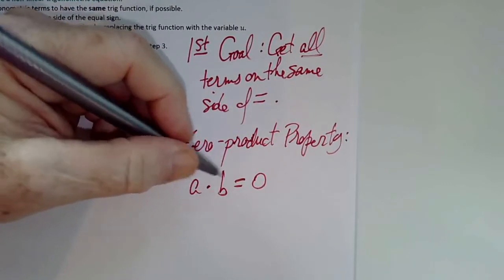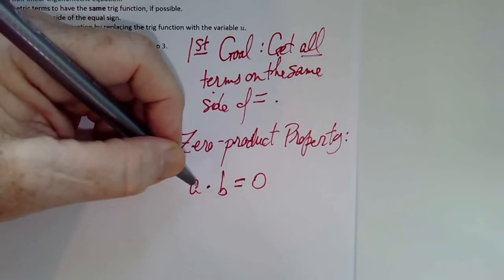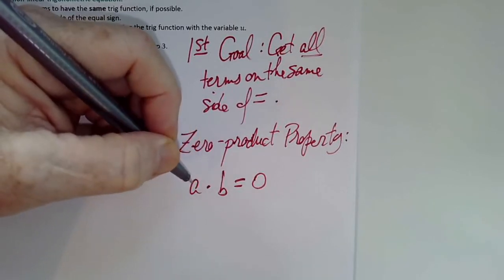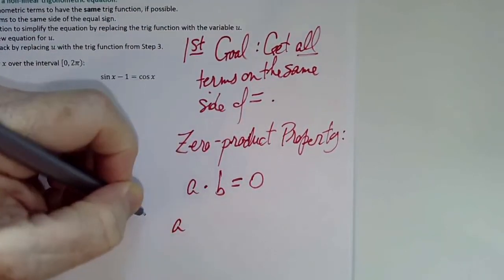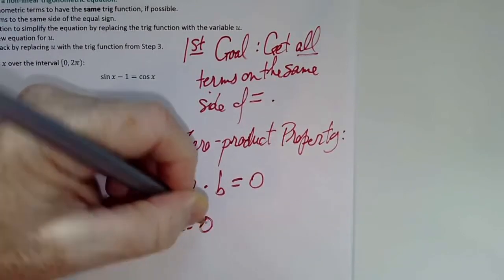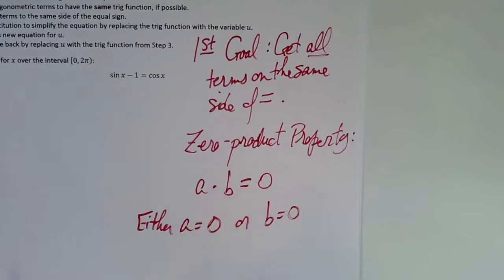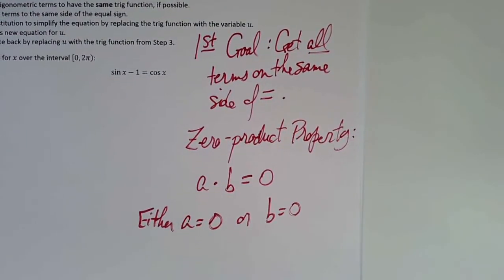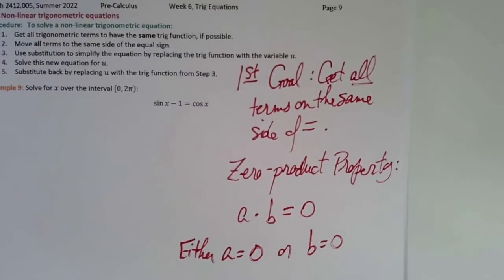There's no other way to get 0 as a product unless one of the values that we're multiplying is 0. So this means either A equals 0 or B equals 0. We're going to use this property to find solutions for these non-linear trig functions.